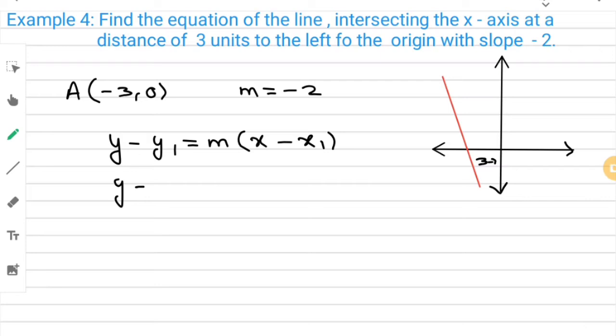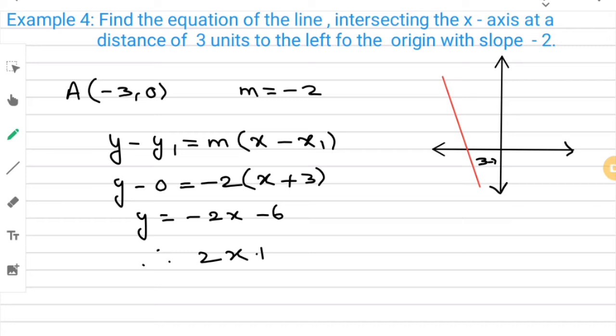So y minus 0 is equal to the slope, minus 2. Minus 2 of x minus x1, where x1 is minus 3. So it will become plus 3. Therefore, y is equal to minus 2x minus 6. Therefore, the equation is 2x plus y plus 6 is equal to 0.